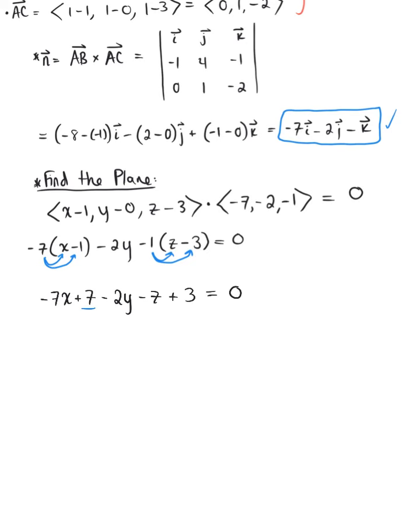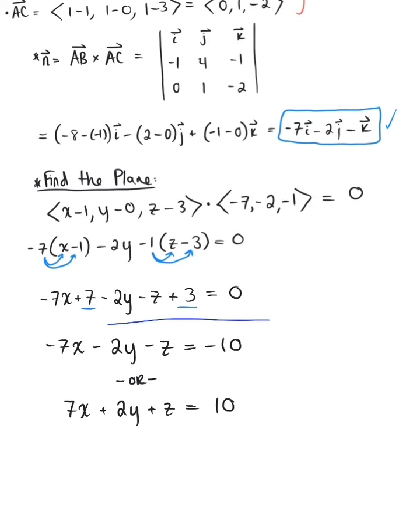And we can add up our coefficients here. 7 plus 3 gives us 10, leaving us with a beautiful final answer: -7x minus 2y minus z is equal to -10. Or you can divide both sides by -1 and write your answer as 7x plus 2y plus z is equal to 10. And this is our beautiful final answer of the equation of the plane determined by those 3 given ordered triplets.